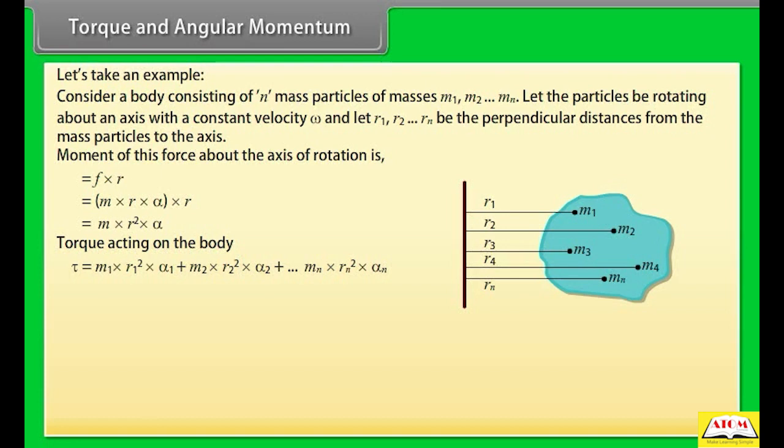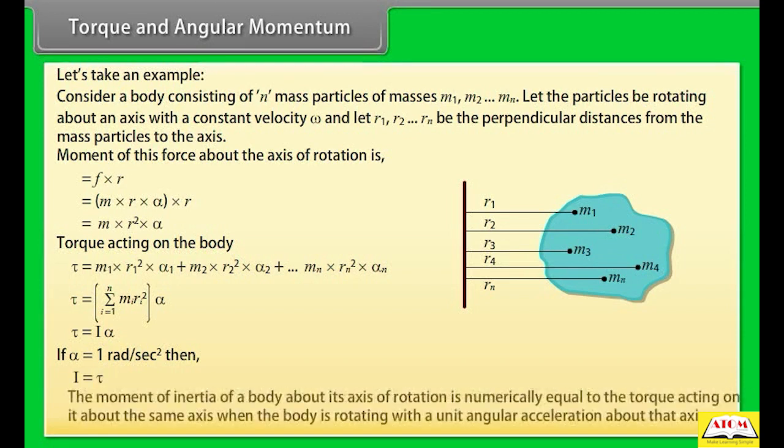This equation can be written as tau equals summation from i equals 1 to n of mi and ri square into alpha. This gives tau equals I alpha. If alpha is equal to 1 radian per second square, then I is equal to tau.